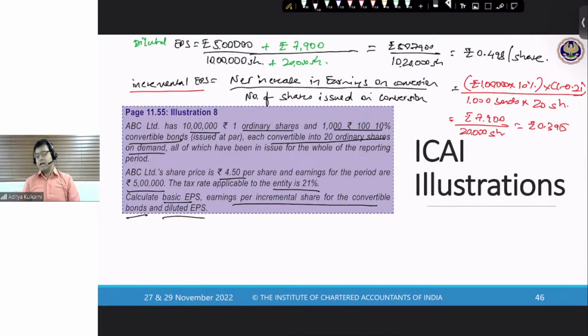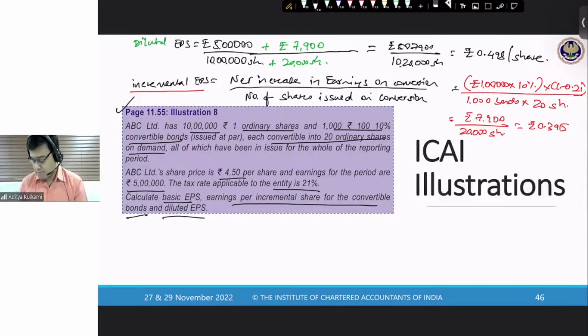Yes. So that is right. 0.497498. Is it actually dilutive? Yes. Original was 0.5. This is 0.498. Okay. So you can take it that the question is concluded. All the required things are done. Yes. Basic found, incremental EPS found, and diluted EPS also done.